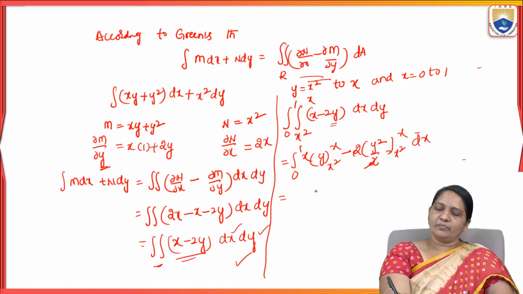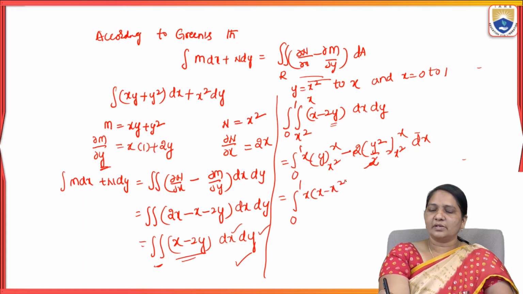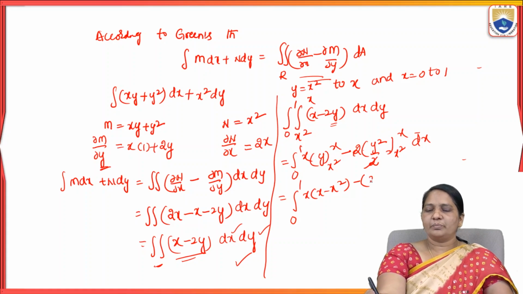Now we are going to simplify this integral 0 to 1, x into x minus x squared. The same way here, y squared means x squared minus x power 4 into dx.